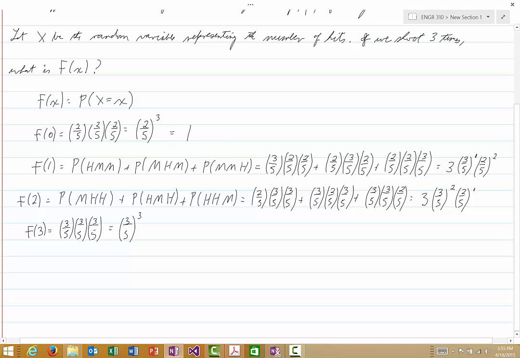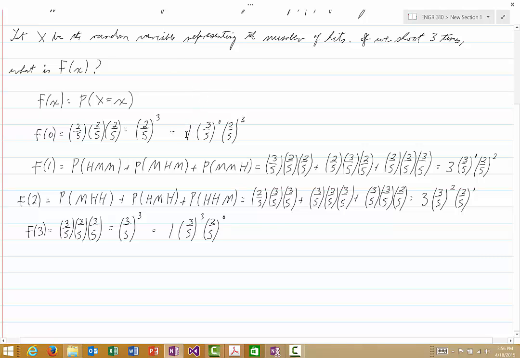We could write this as 1 times 3/5 to the 0 power times 2/5 to the third power. And we could write this last one as 1 times 3/5 to the third power times 2/5 to the 0 power. Now notice how this pattern is going.